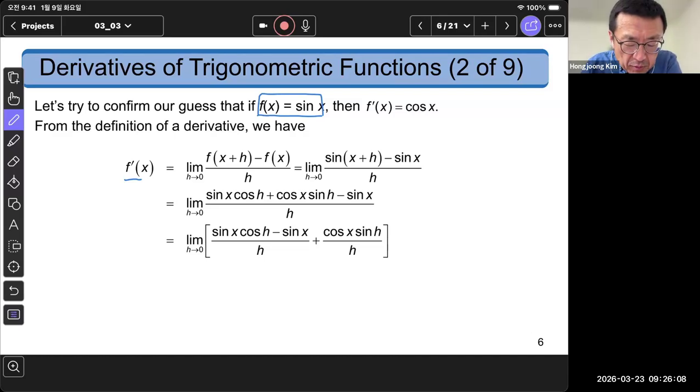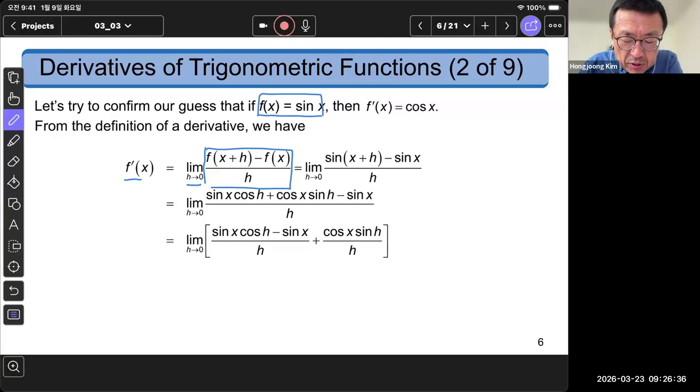You first consider the average change of the function from x to x plus h, and then you let the step size h go to 0. So we need to consider the difference between sine of x plus h and sine x, and then you divide that difference by h, and then you decrease this step size h.